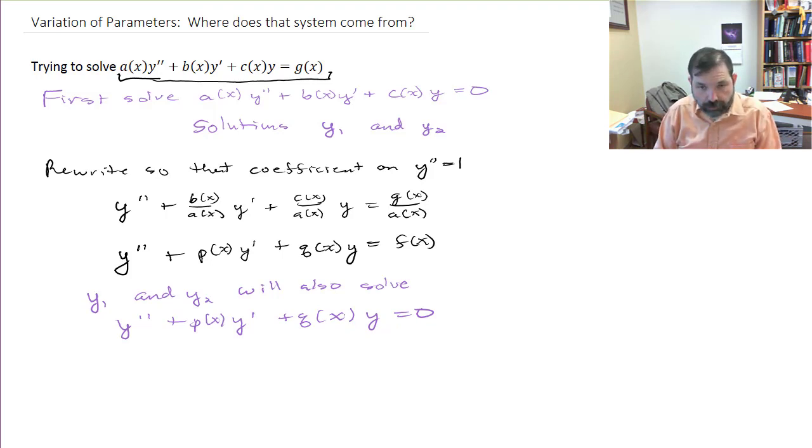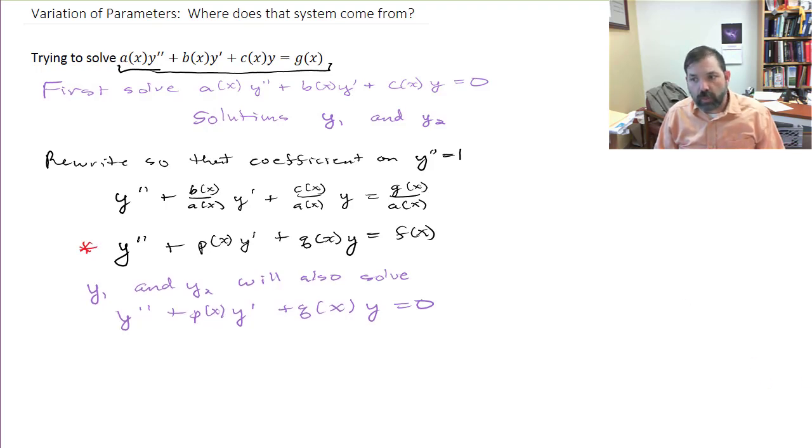It works. Okay, so now we have our solutions y1 and y2, and we're going to work with this form of the equation, the y double prime plus p of x y prime plus q of x y equals f of x.